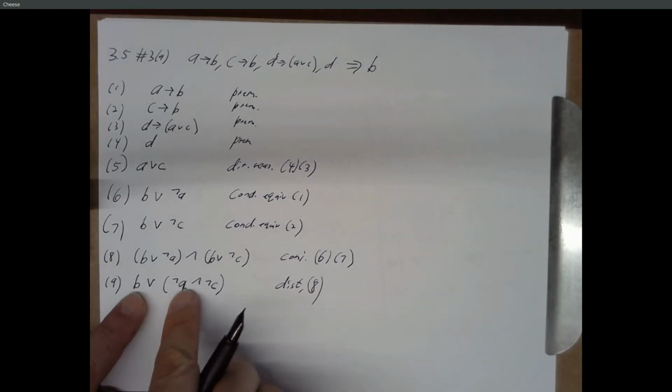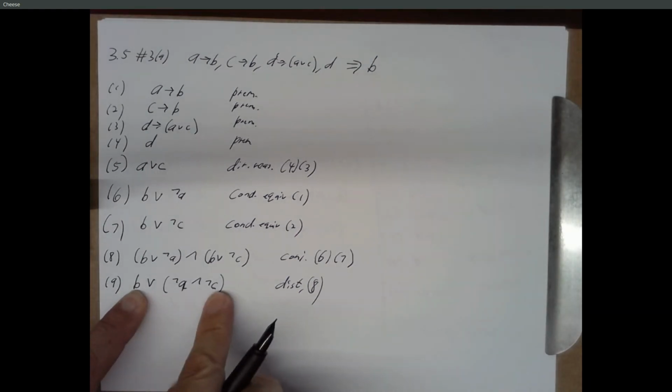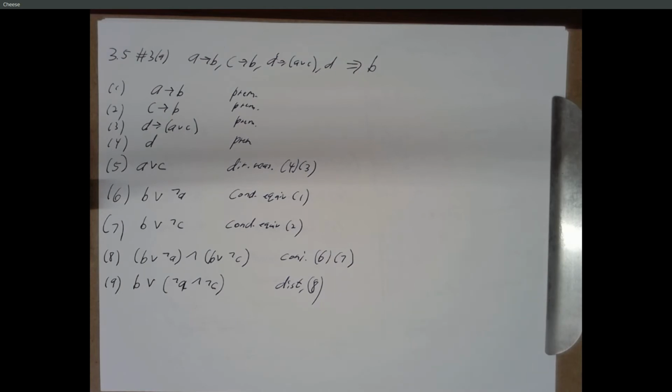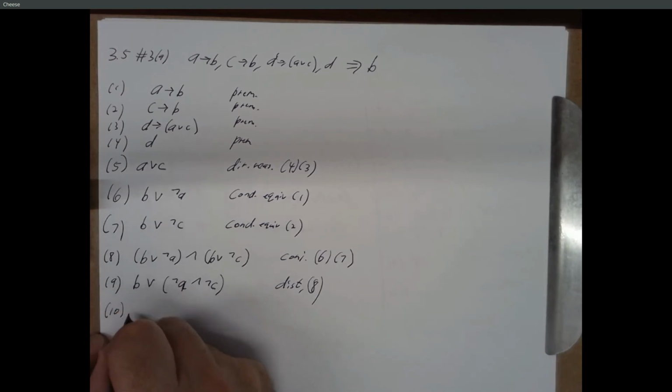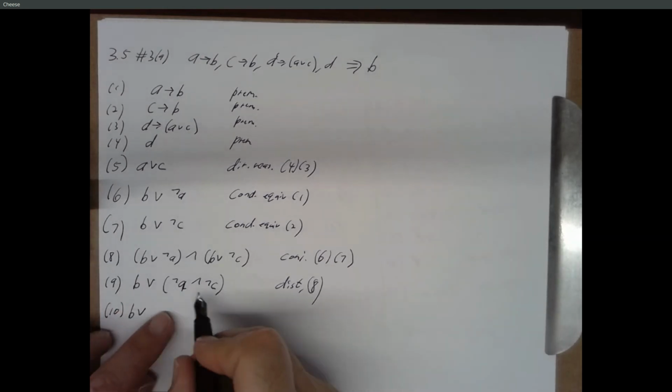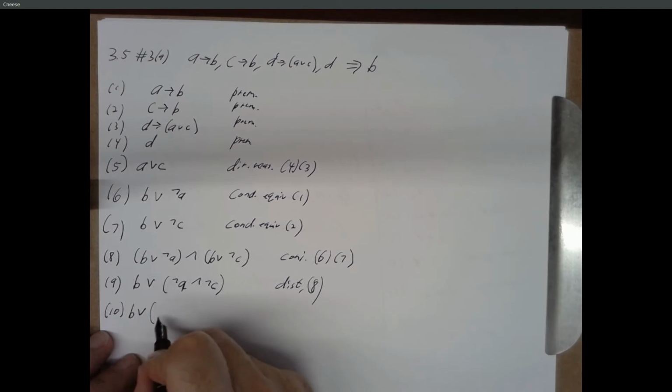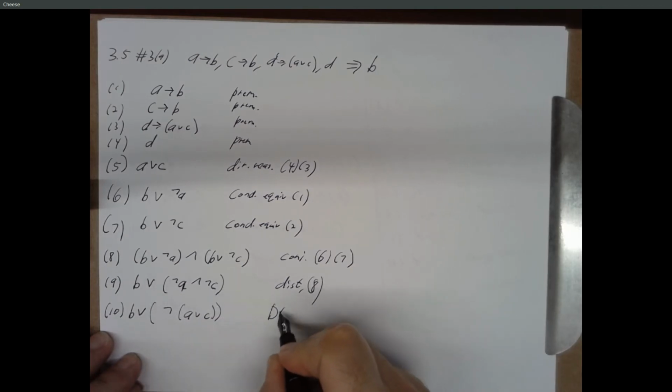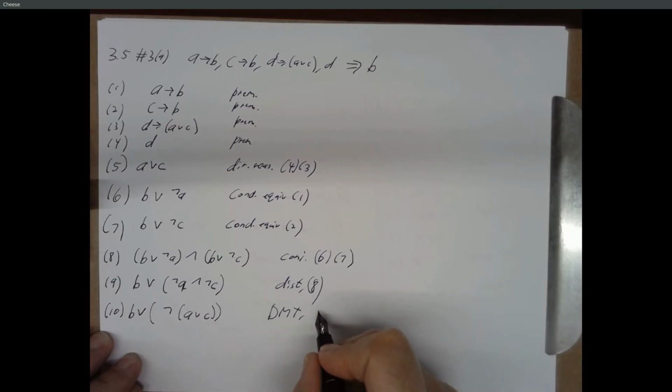So right, we can take B or this, and we can AND it with B or that. So we're pulling the B out from inside. And not A ANDed with not C is the same as not A or C. That's De Morgan's theorem applied to the right-hand side of 9.